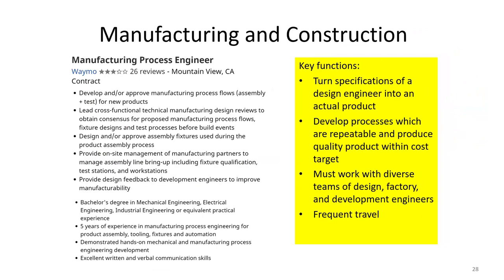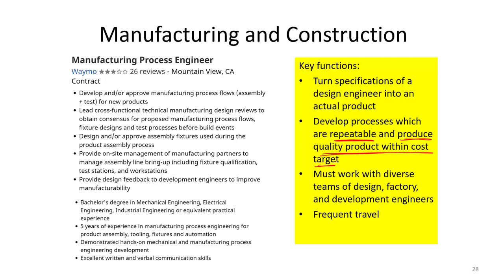Next one, manufacturing and construction. Manufacturing and construction is a very challenging part of engineering, and you might think, oh, that's easy, they just have to put the design together. How hard could that be? It turns out developing processes which are repeatable and produce a product on time and within the cost target, that can be incredibly challenging.